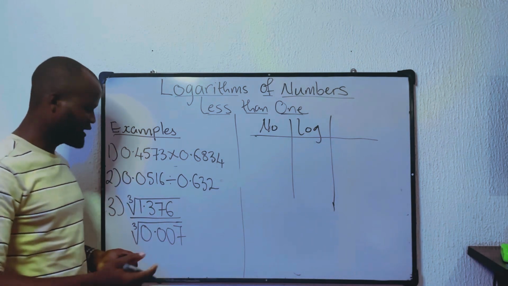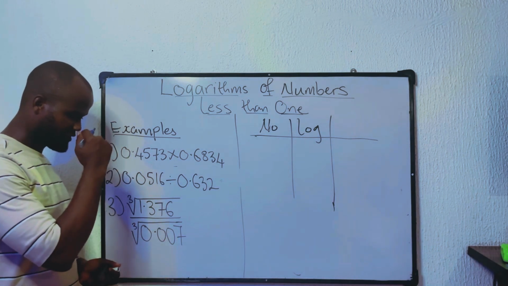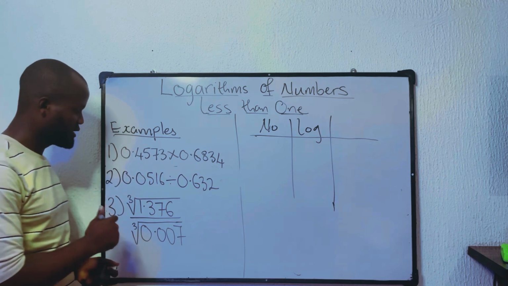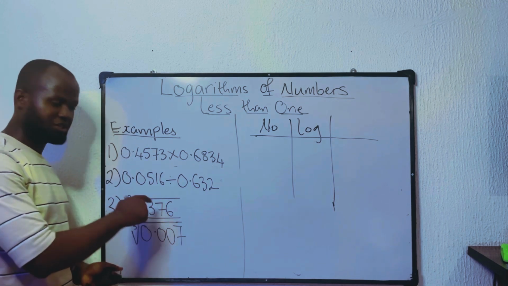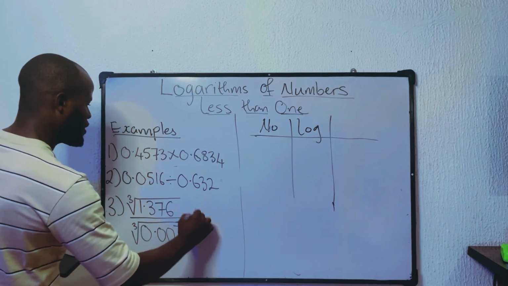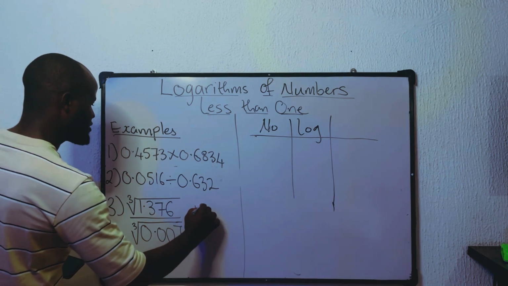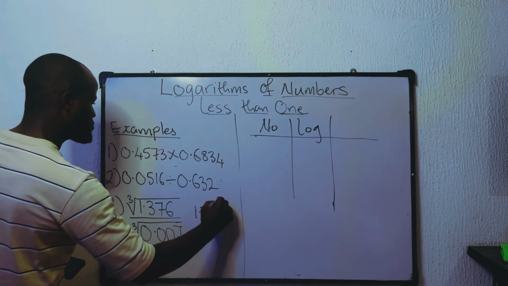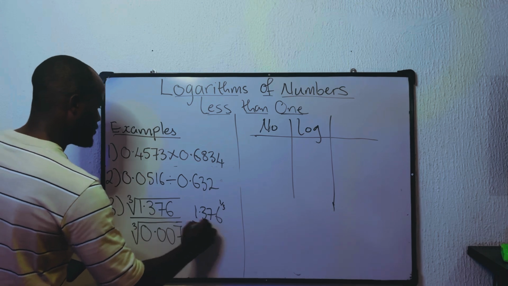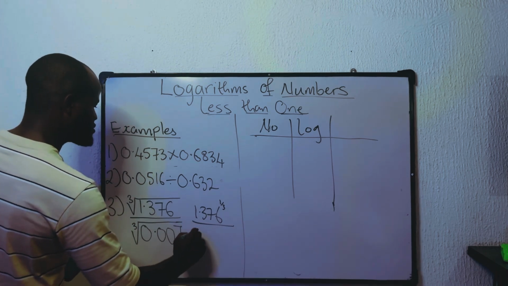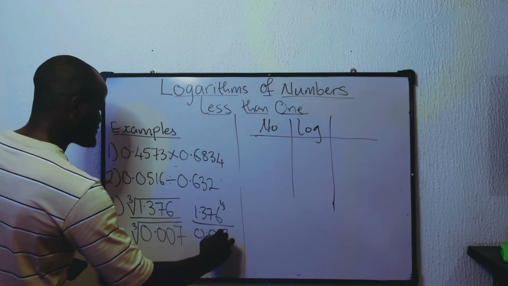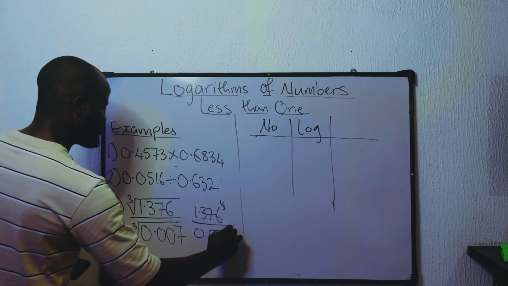Just as a reminder, according to the law of indices, I could also rewrite these questions as 1.376 raised to power 1 over 3, all divided by 0.007 raised to power 1 over 3.